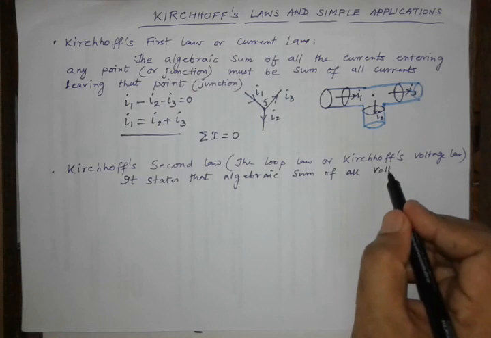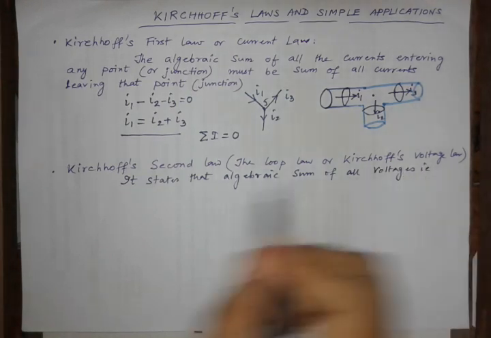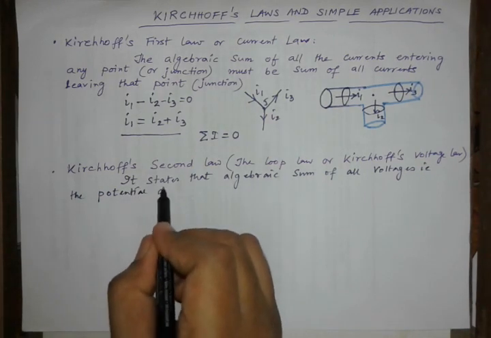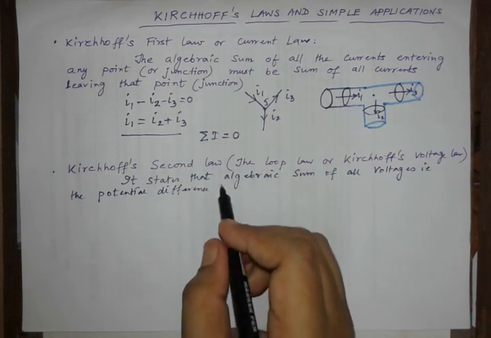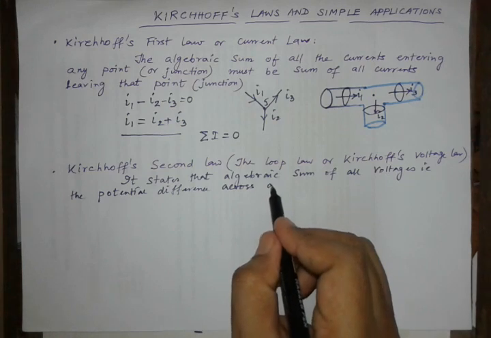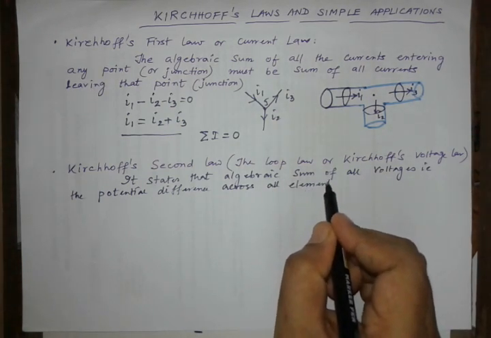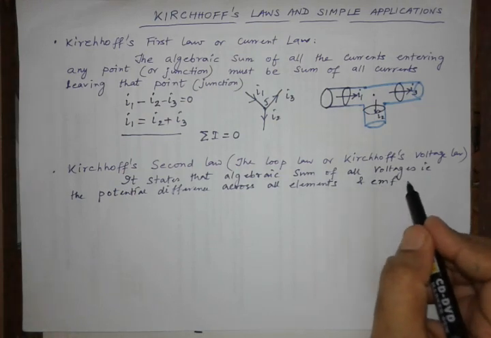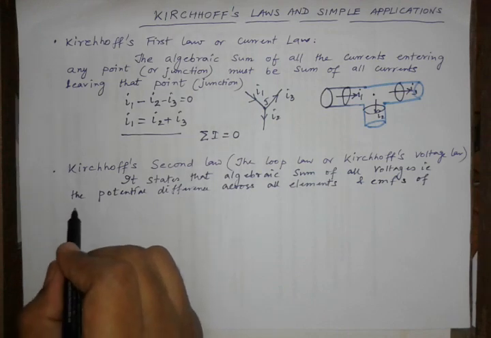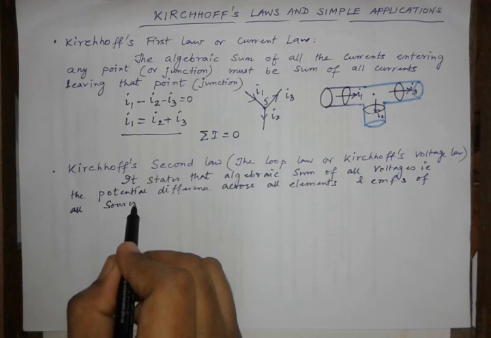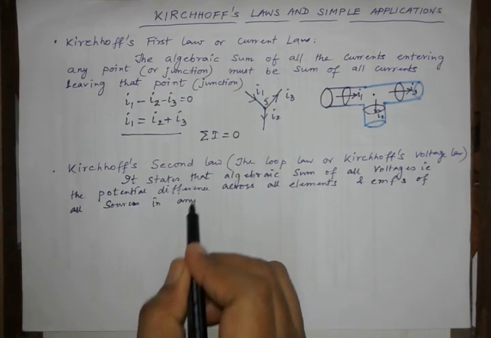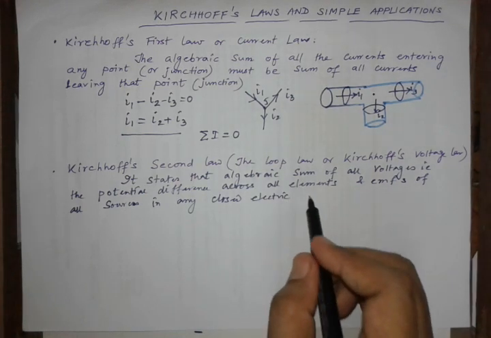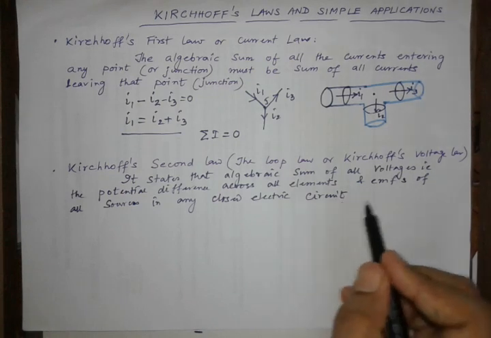all voltages, that is the potential difference across all elements, element means here resistance, you can say, and EMFs of all sources in any closed electric circuit is 0.